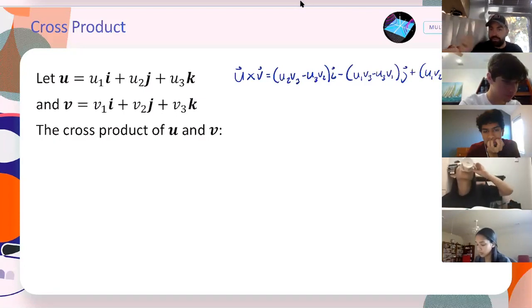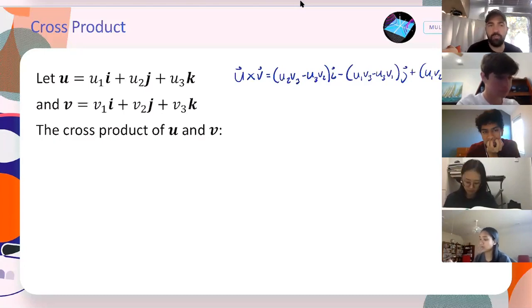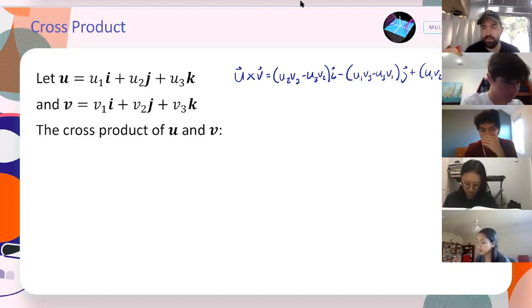You're going to basically multiply a bunch of components together, subtract them, and all this stuff. Really where this comes from is a determinant. If you think back to Algebra 2, you didn't spend a bunch of time on this, but way back in Algebra 2, you probably did determinants for a day or two.